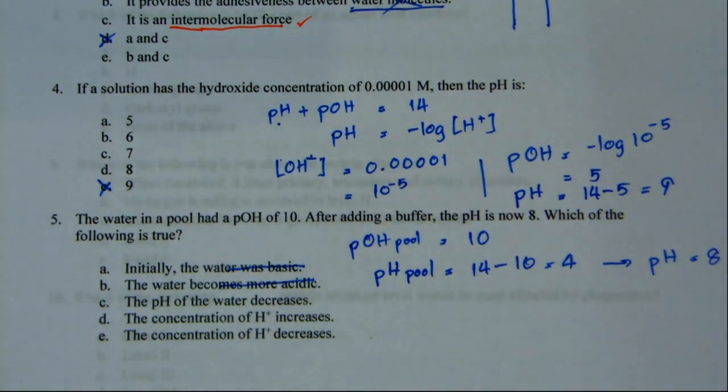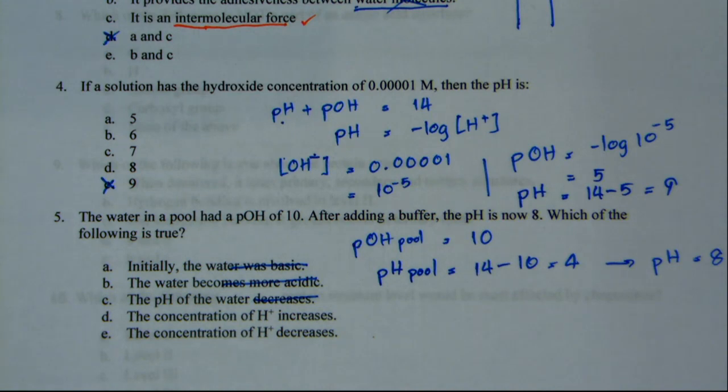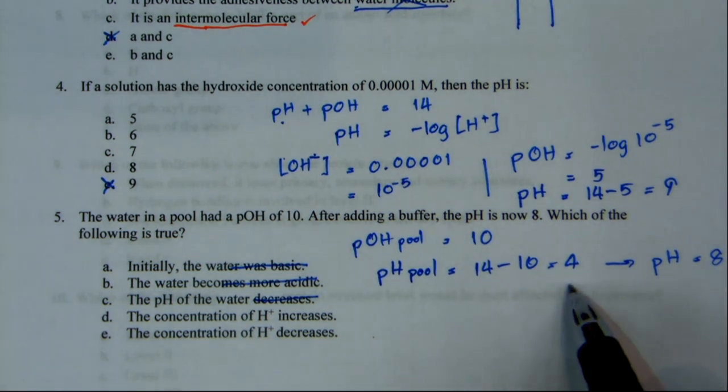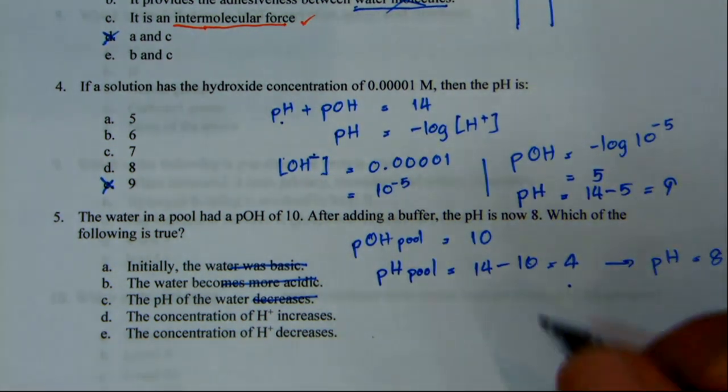The pH of the water decreased? No, it's increasing, right, from 4 to 8. So that's not right. So the concentration of hydrogen increases or decreases. It's the last two choices. It's hard to look at this, so we can actually convert it back.